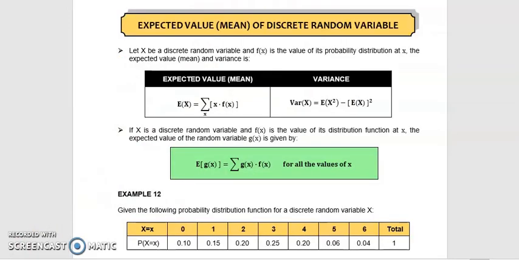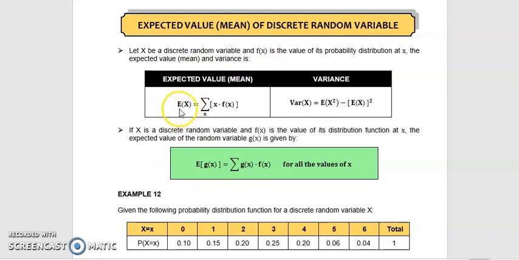Okay, now let's look at how to find the expected value or mean value of a discrete random variable, and also the variance. Let x be a discrete random variable and fx is the value of its probability distribution at x. So how do we calculate the expected value or mean?